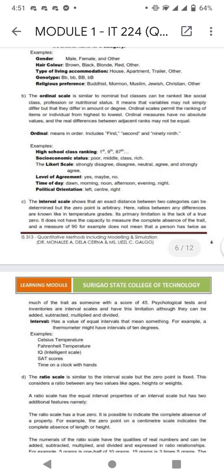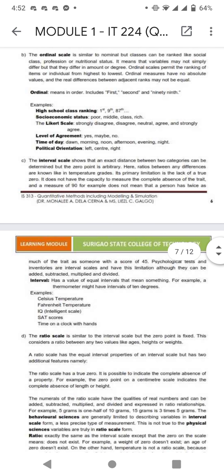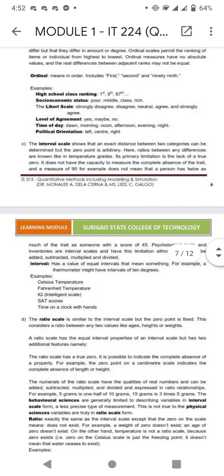The third one is the interval scale, which shows that an exact distance between two categories can be determined, but the zero point is arbitrary. Here, ratios between differences are known, like in temperature grades. So we can see that it has equal intervals that mean something.